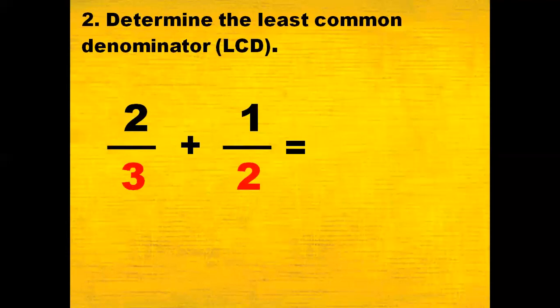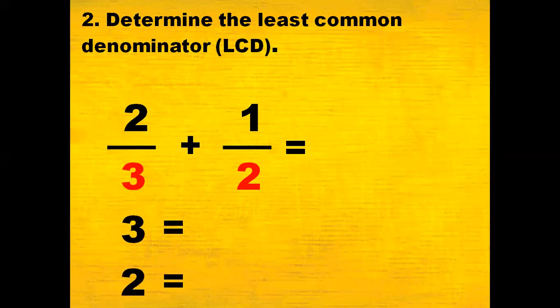So let's have example number 1. Determine the least common denominator in this fraction. We have 2/3 plus 1/2. Our denominators are 3 and 2.